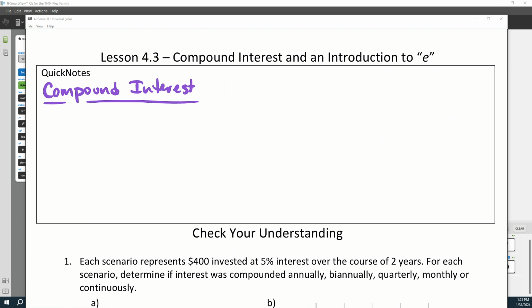Now we can call this anything we want to. I'm going to call it A for amount, and it's going to be equal to P for principal, and then inside the parentheses, we have 1 plus r over n, raised to the nt. All right, jot that down. You're going to want it tomorrow.